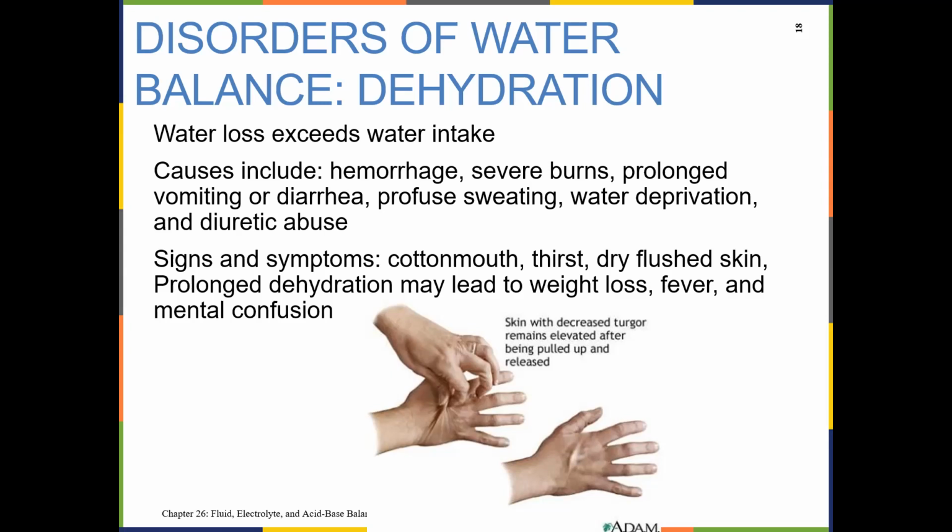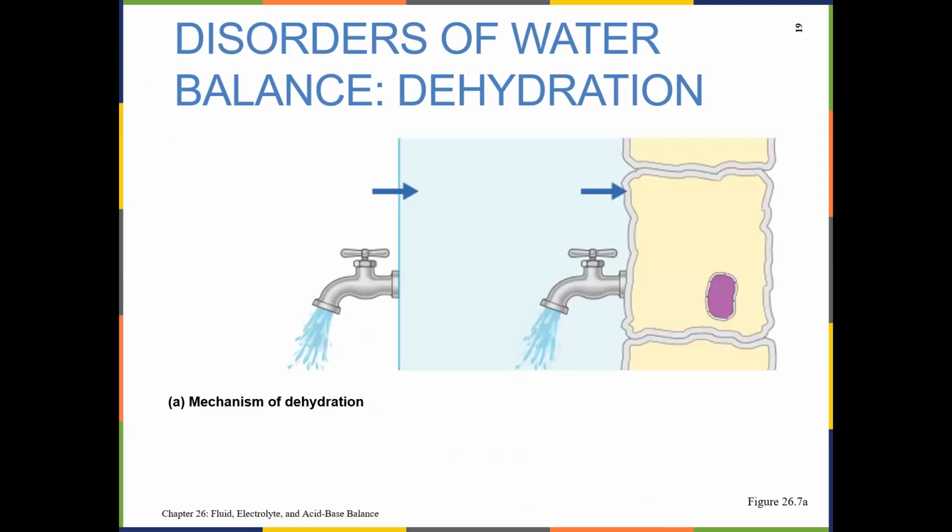And our cells will respond by sending water out into the interstitial fluid and ultimately into the plasma. The cells will give up their water content, and the cells will start to shrink, and cells don't like to shrink. So when dehydration occurs, it's affecting not just the plasma, not just the interstitial fluid, but also the cells themselves. And like in the brain, we don't like to see a water loss out of those cells. So this is dehydration.